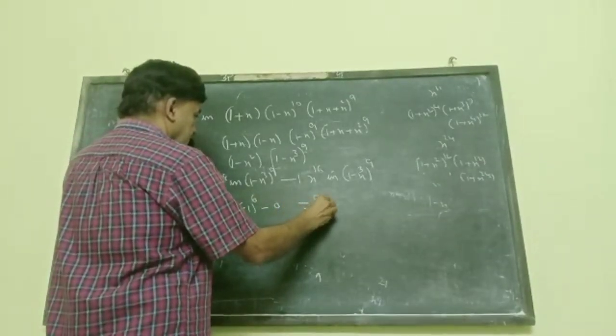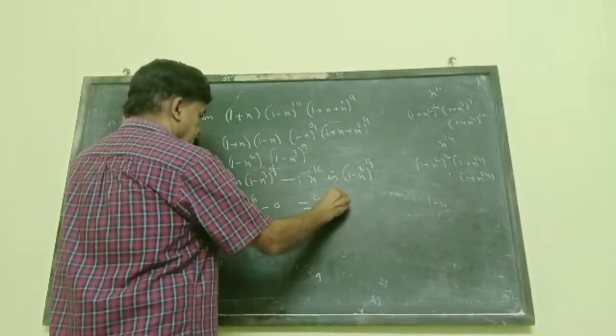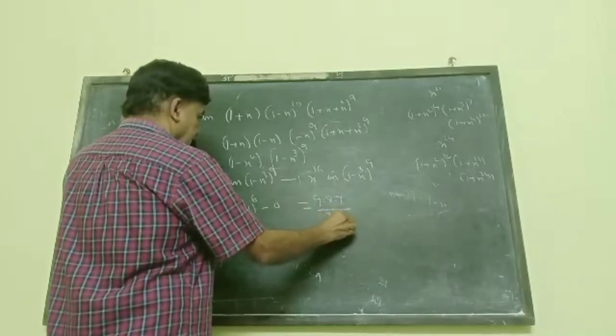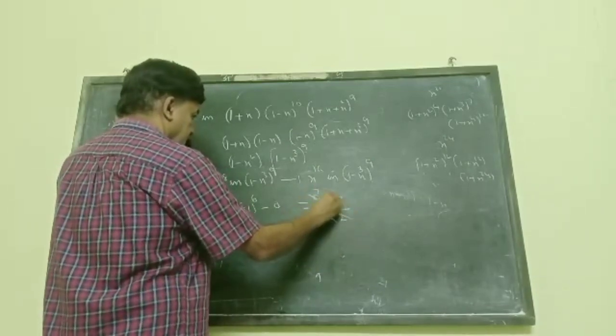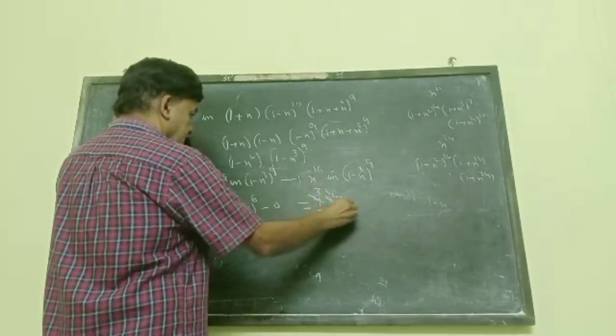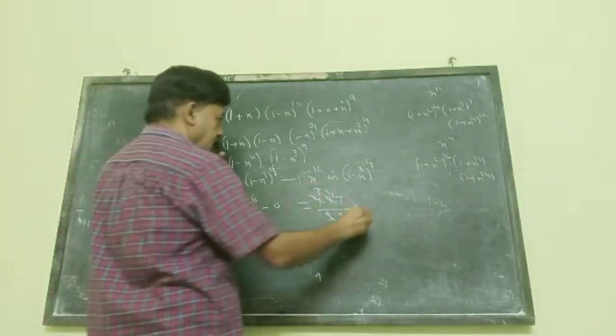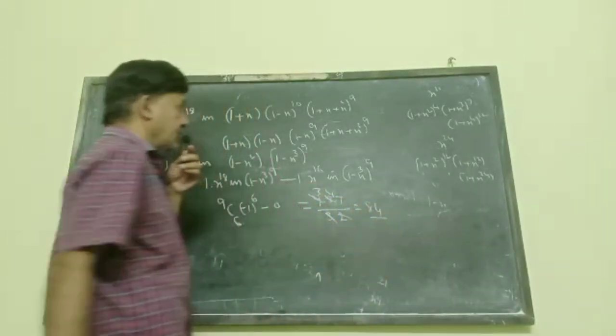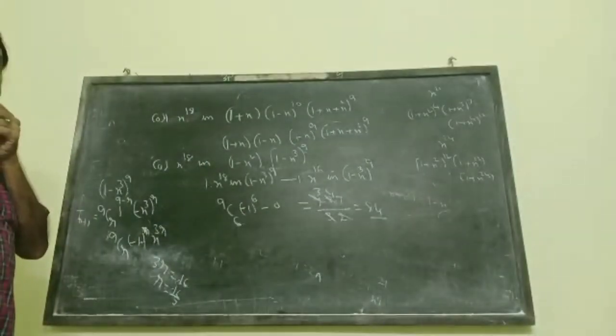Therefore 9C6 means 9C3, which is (9 × 8 × 7)/(3 × 2): 3 threes are 9, 2 fours are 8. So your answer is 84.